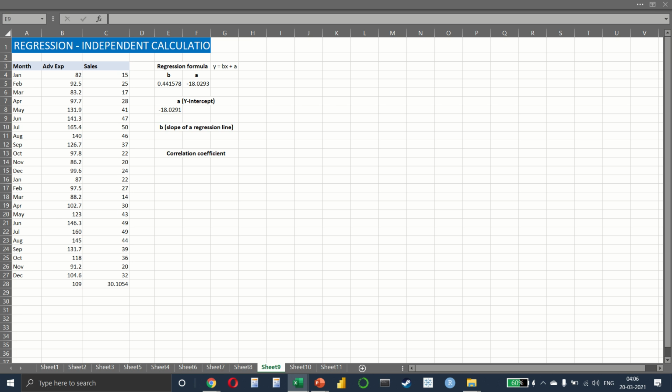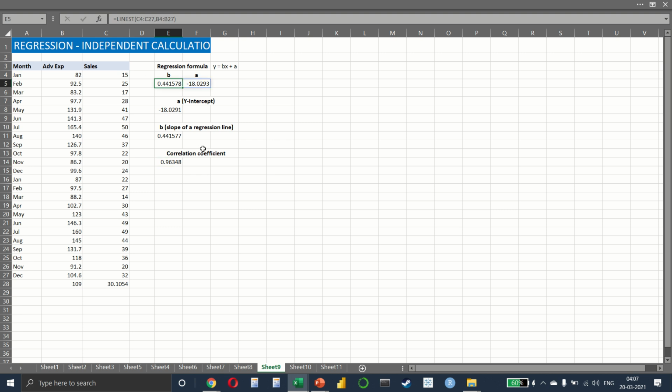And if you only want the slope, we write equal to SLOPE. That gives us the same number, which is 0.44. And of course, we already know the correlation coefficient, which would be simply CORREL. And why is this not working? I'm sorry, just a moment. Okay, 0.96.